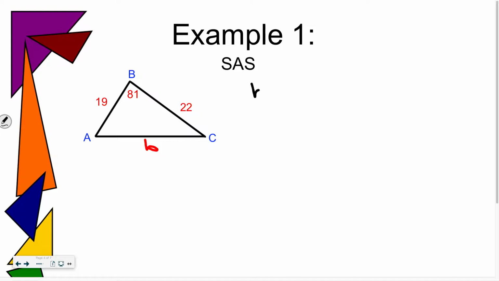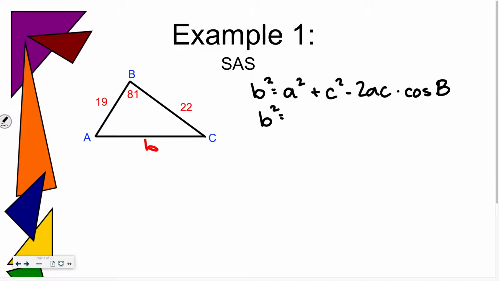So I'm going to use b squared equals a squared plus c squared minus 2ac times the cosine of angle B. And just plug in: b squared equals 22 squared plus 19 squared minus 2 times 22 times 19 times the cosine of 81.